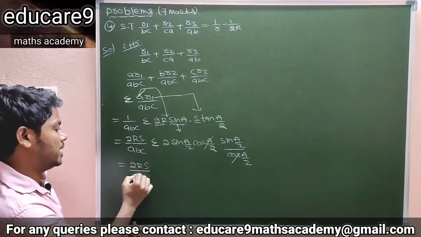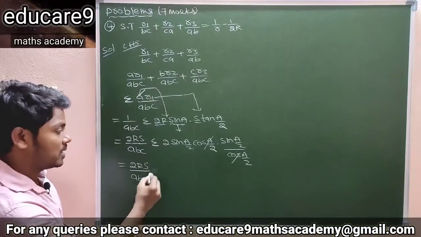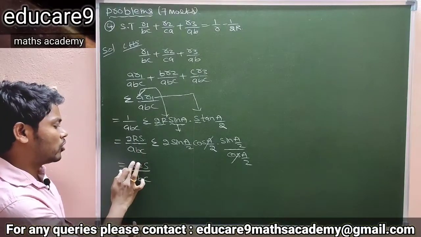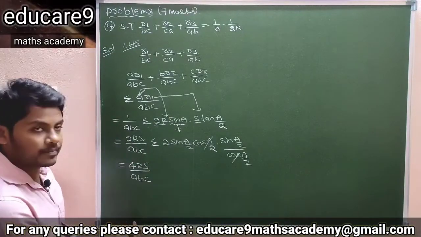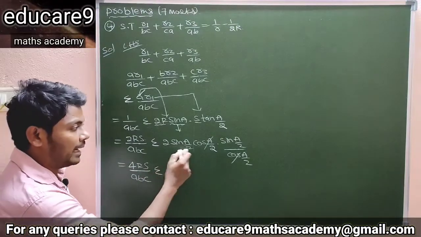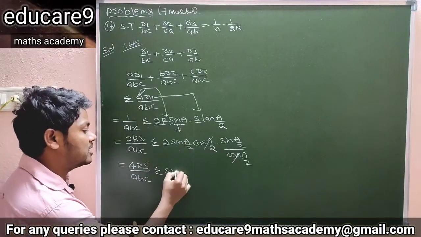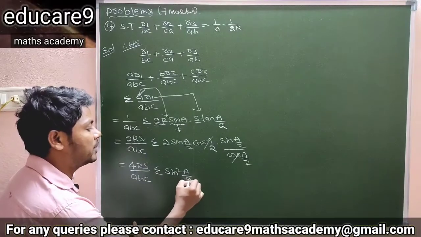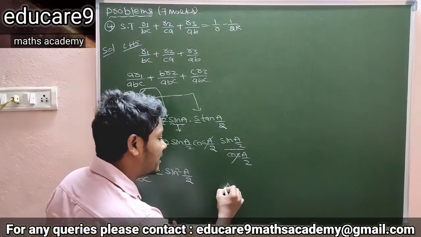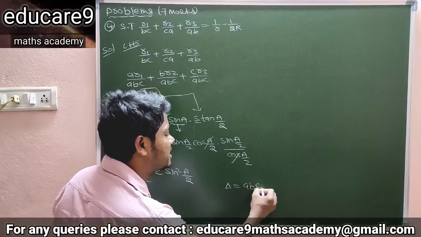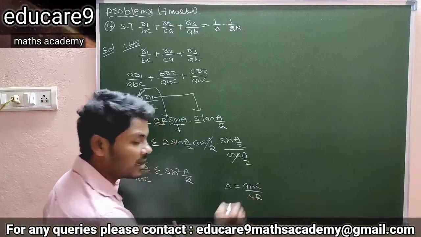So what you get? This is 2RS by ABC. Here 2 into 2, 4 only. So write here 4RS, sigma, sin into sin, sin square A by 2. Okay. So you know that delta is equal to ABC by 4R.